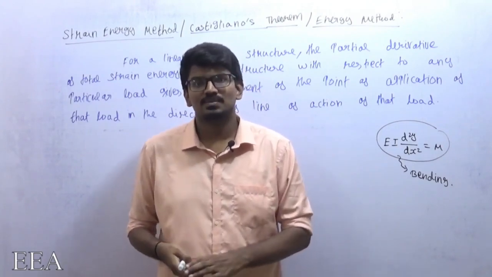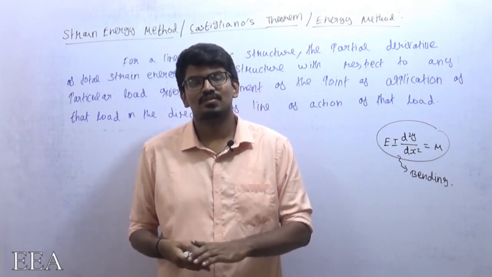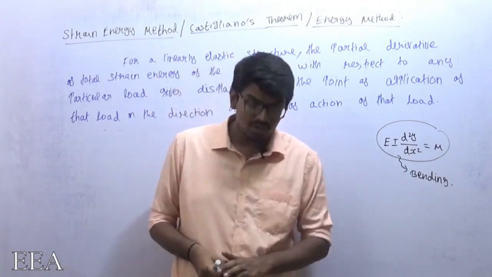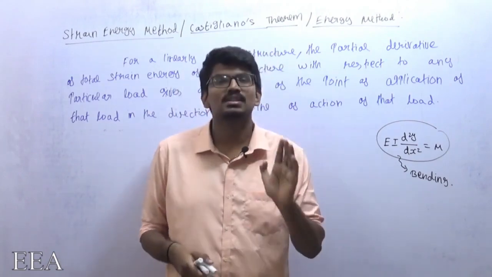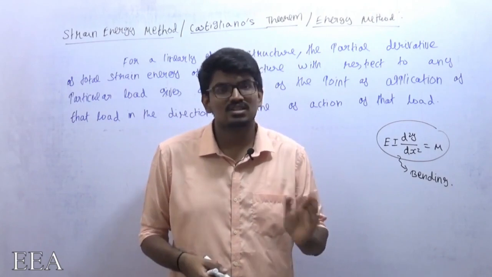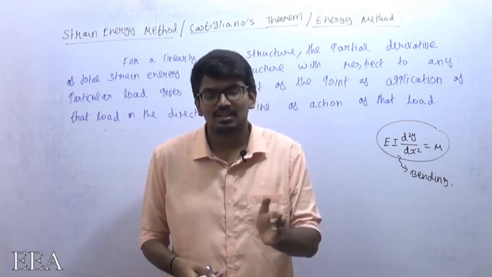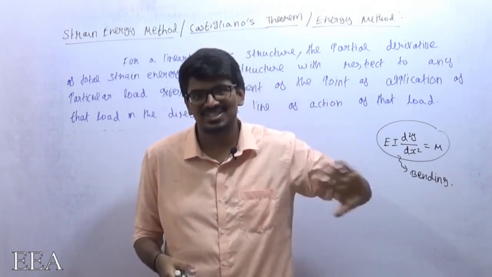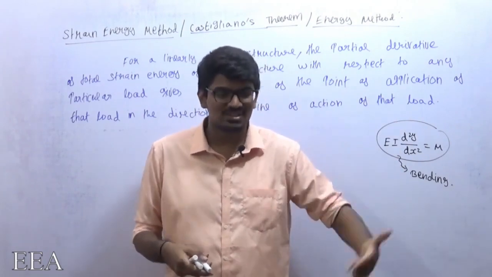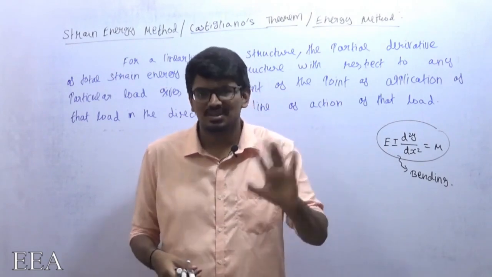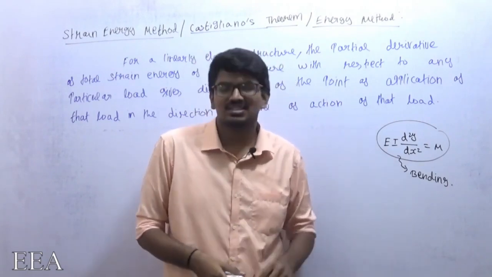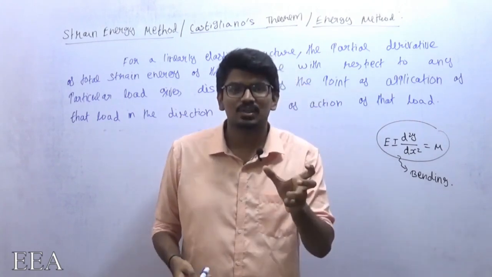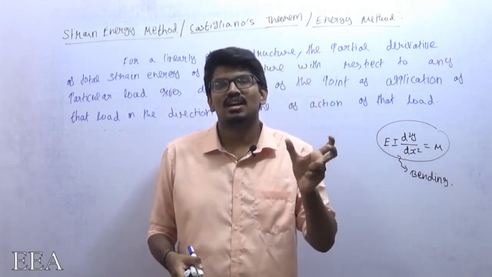Now you might ask, if it is not applicable, which method is preferable for axial loading? Not preferable, the only method by which I can determine deflection of axial loading is Castigliano's theorem, I'm very sorry again, the strain energy method. I always pronounce it wrongly. This is the only method by which I can determine deflection of axial loading.